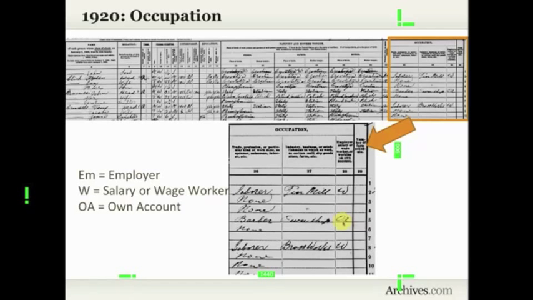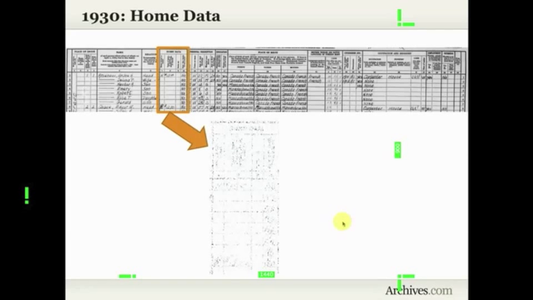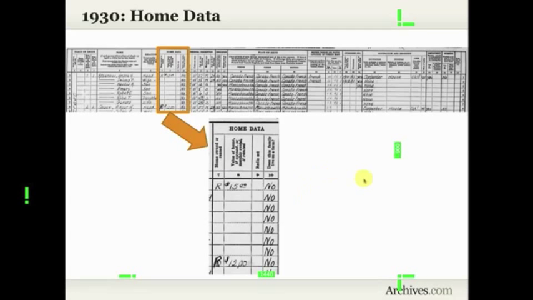Now, the 1930 census looks a lot like 1920, with a few variations. For example, there's a little bit different information about housing that we see here in home data. Not only do we see if the house was owned or rented, but we see the value of the home.